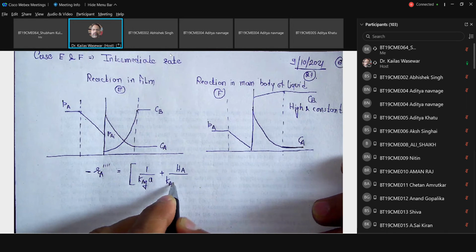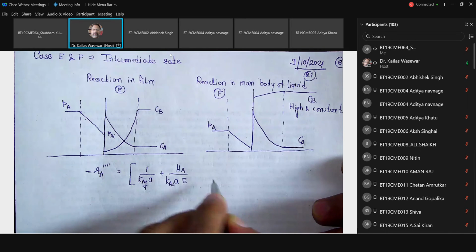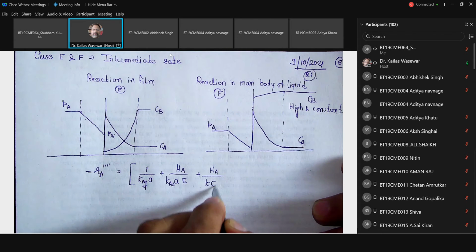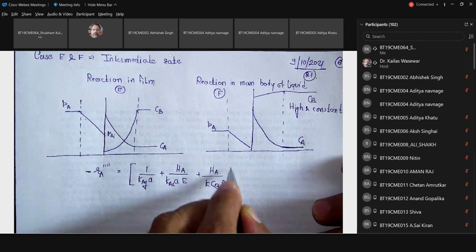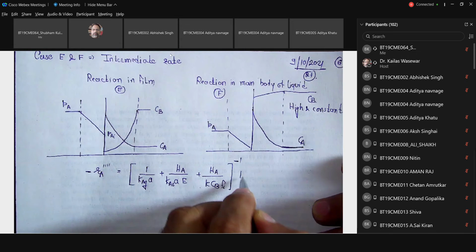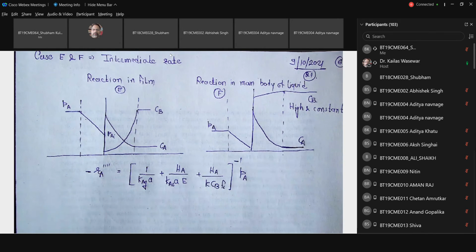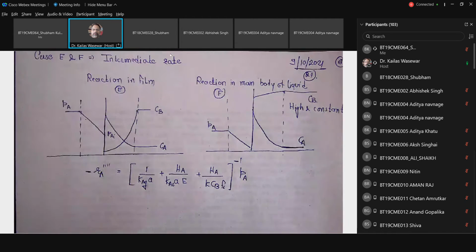All three resistances you have to consider. So this is the expression that you have to use for the intermediate rate with respect to mass transfer.